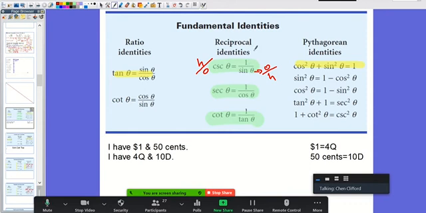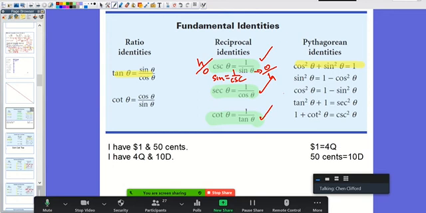You could also say that sine equals 1 over cosecant. It doesn't matter, as long as something is equal to 1 over the other thing. It doesn't matter how you arrange it, and the same idea goes for the other green highlights. We should be good with those greens.